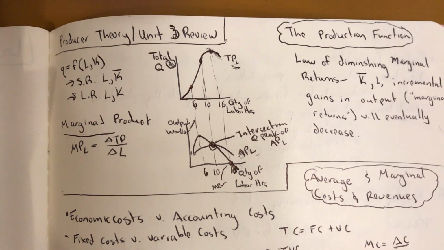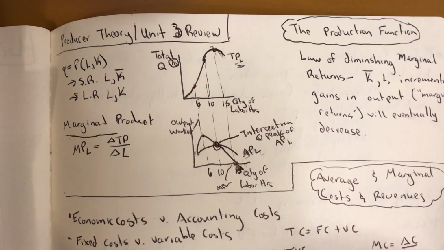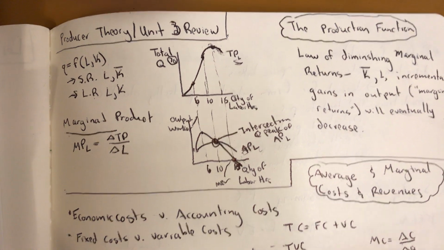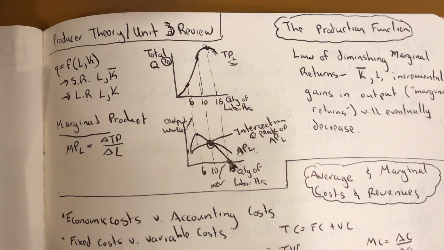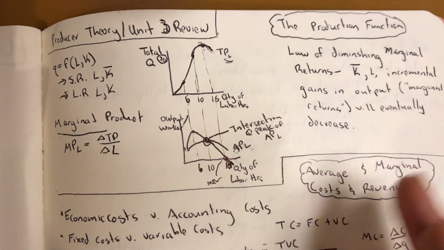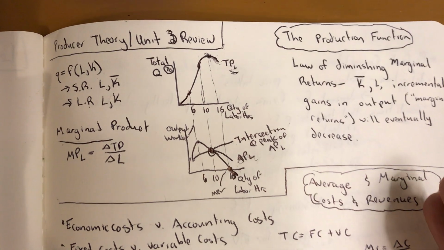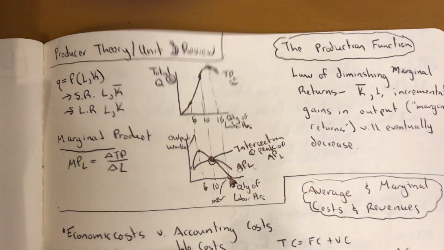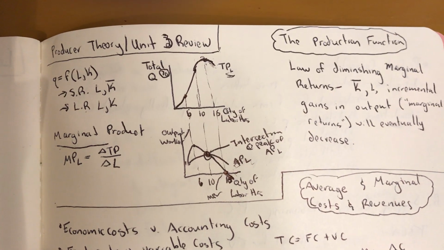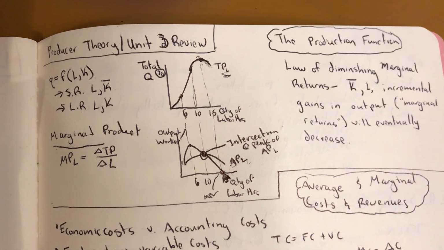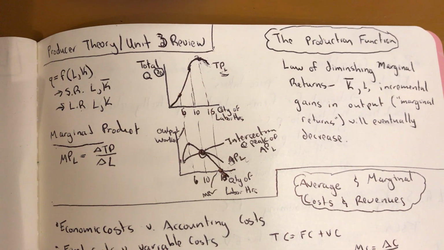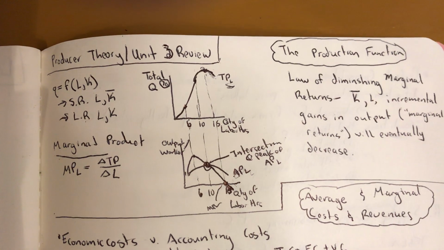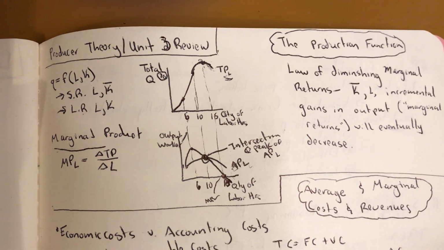As you add an additional unit of labor, at some point we should expect diminishing marginal product to kick in, meaning beyond that additional unit, additional laborer, or we can think of it as beyond that labor hour, the additional product begins to diminish. Additional output begins to diminish, right?